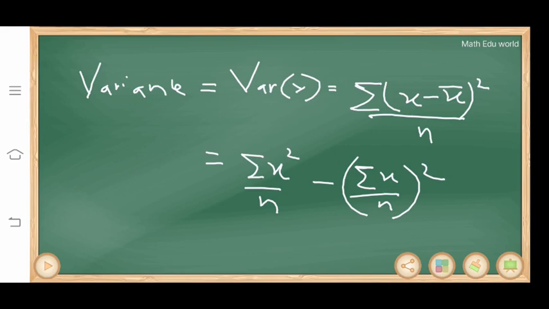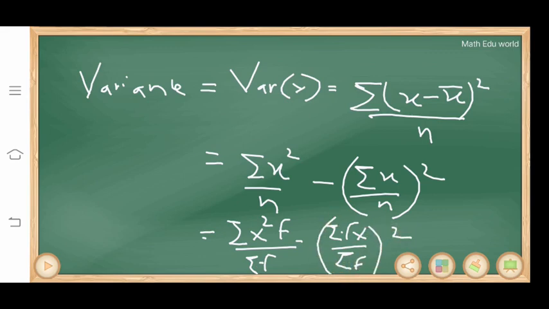In case of grouped frequency data, it is sigma x squared f by sigma f minus sigma fx by sigma f the whole squared.